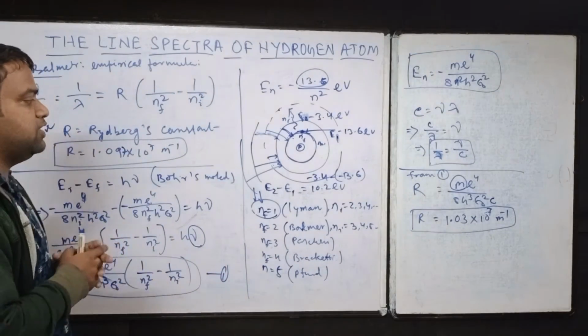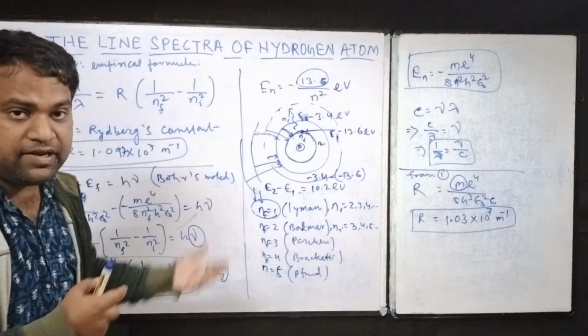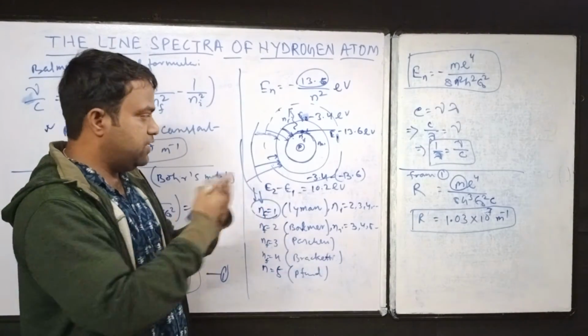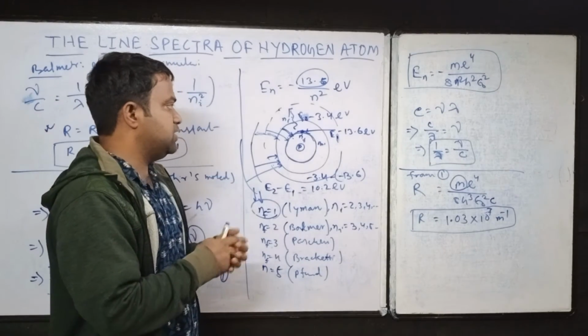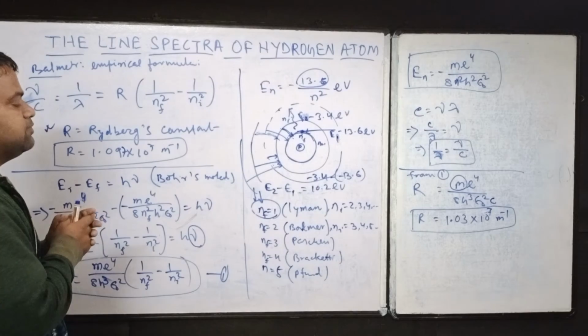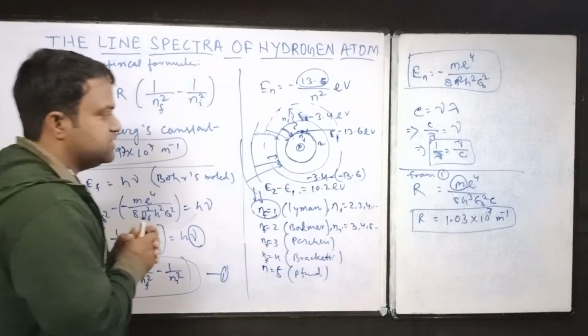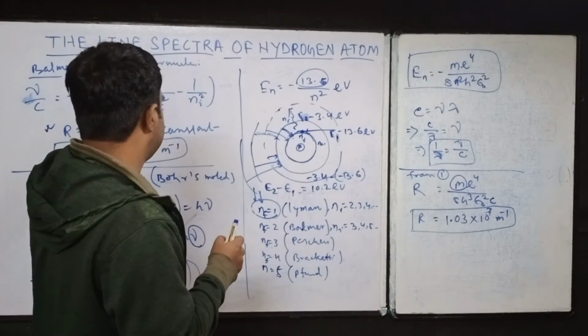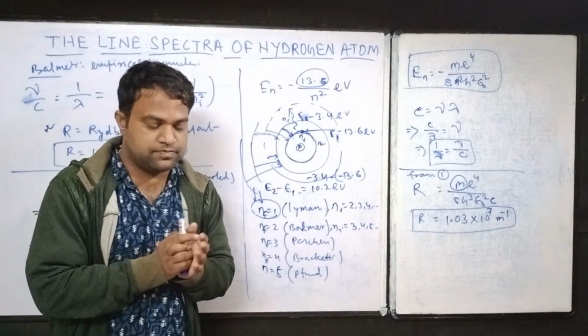This Bohr's model was widely used and widely accepted by the scientific communities, that yes, this model is giving a result which is coinciding with the experimental results, right?